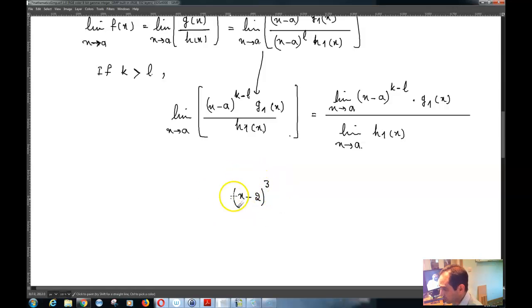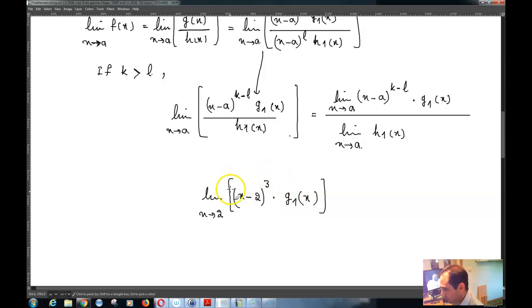So if you have the limit of this thing times some polynomial, for example g1(x), as x tends to 2, how would you take the limit of this?